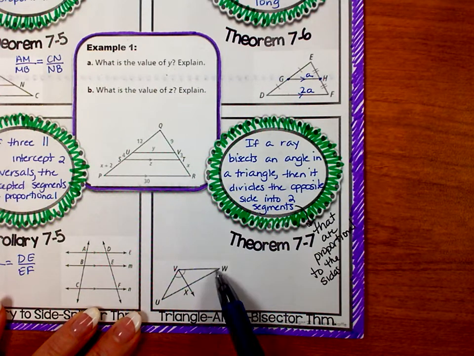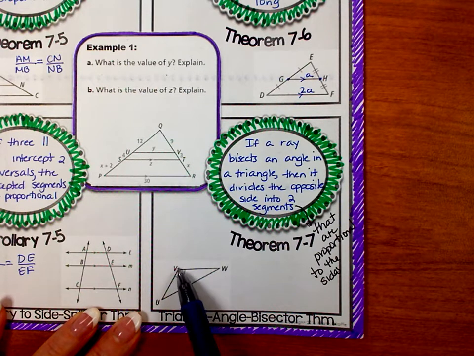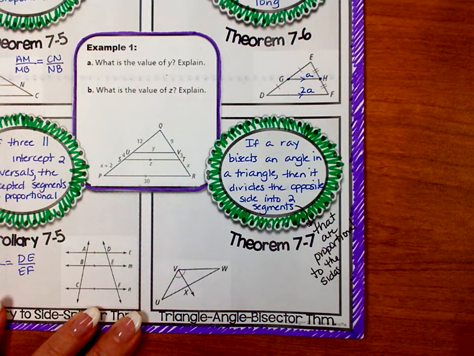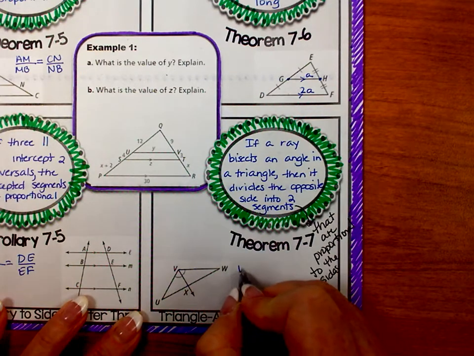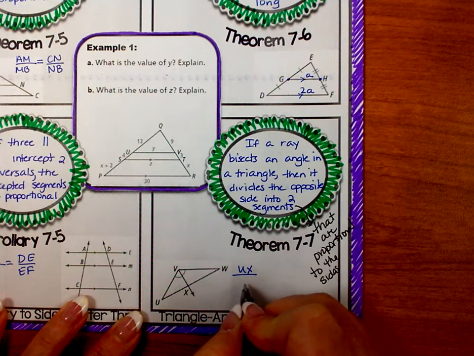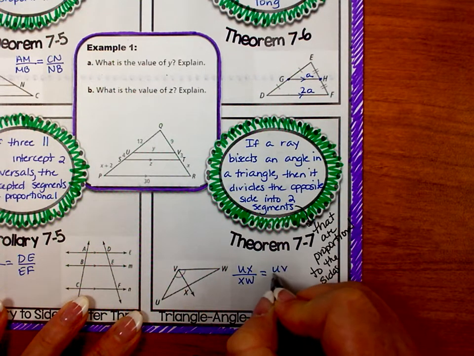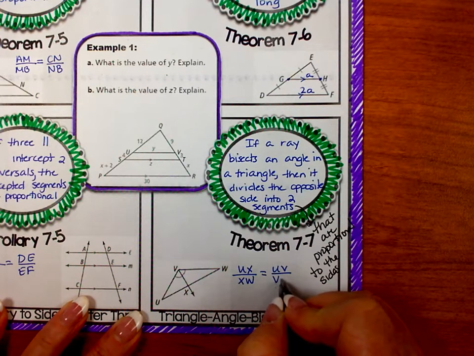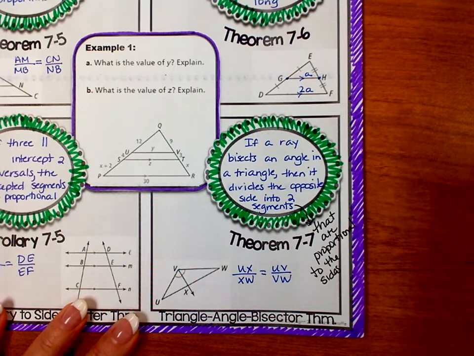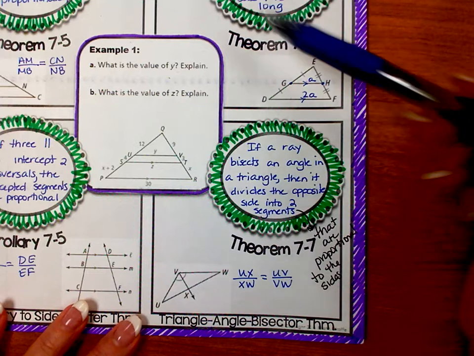So this one over this one equals this one over this one. And we can go ahead and set that up as a proportion and say UX over XW is equal to UV over VW.